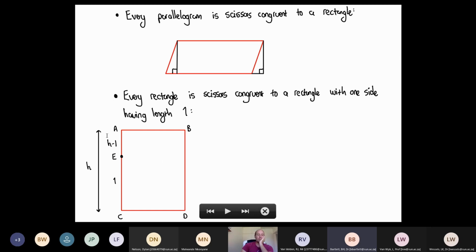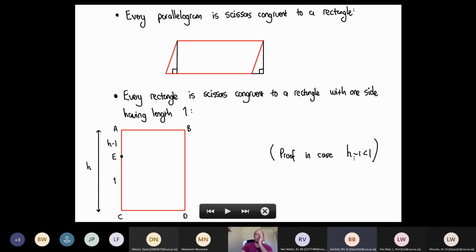I don't care what this side length AB is, but let's suppose the original side length here is called H for height. And let's just mark off a length of one unit in our favorite units on this side. And yes, I am making some assumptions here.